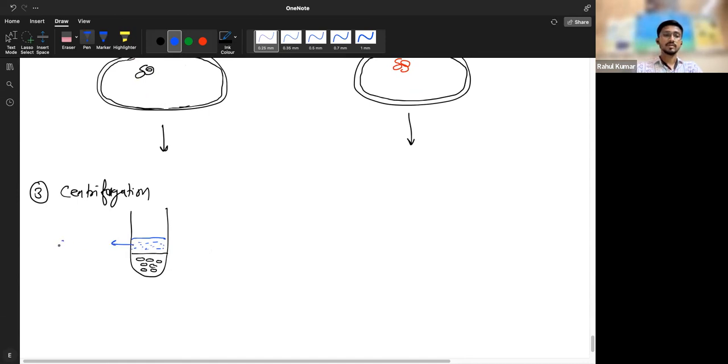This is called the supernatant, where the viruses, the bacteriophages, will be present. And this is called the sediment, where the bacterial cells will be present, because they are heavier, so they settle down. Do you understand?